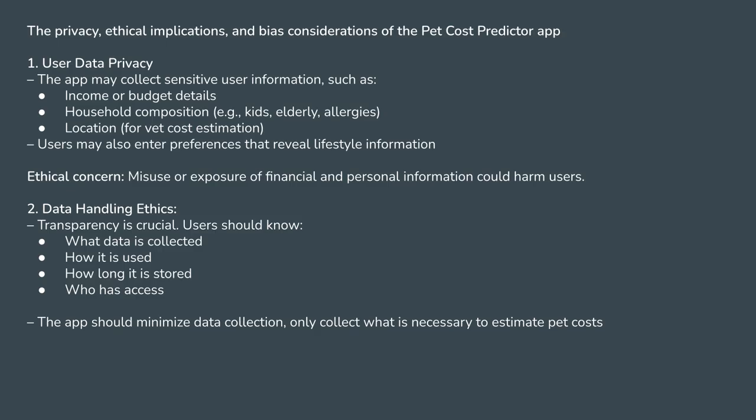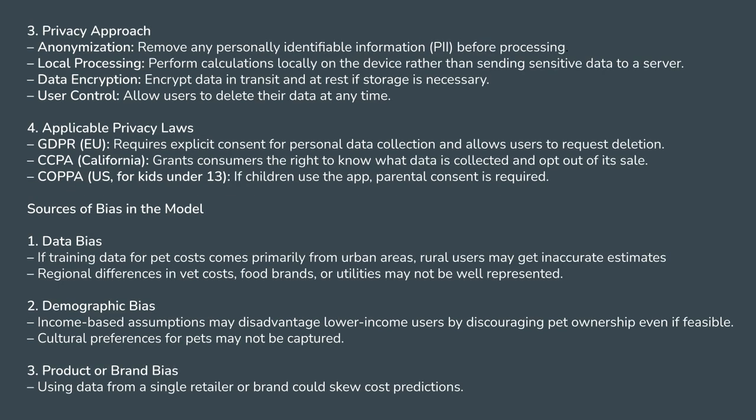2. Data handling. Ethics. Transparency is crucial. Users should know what data is collected, how it is used, how long it is stored, who has access. The app should minimize data collection, only collect what is necessary to estimate pet costs. 3. Privacy approach. Anonymization.